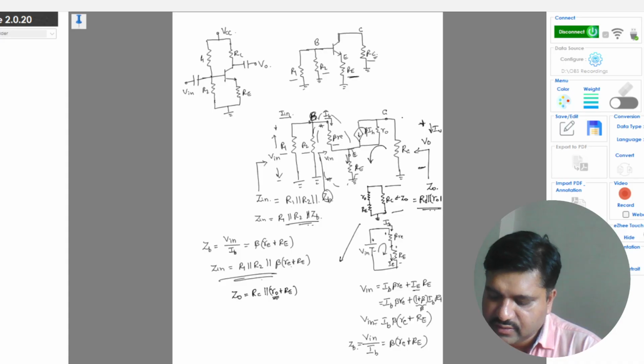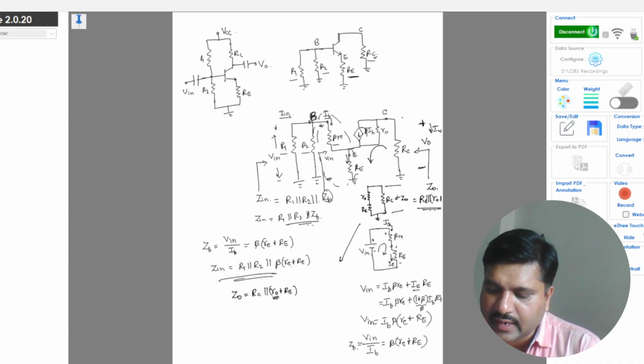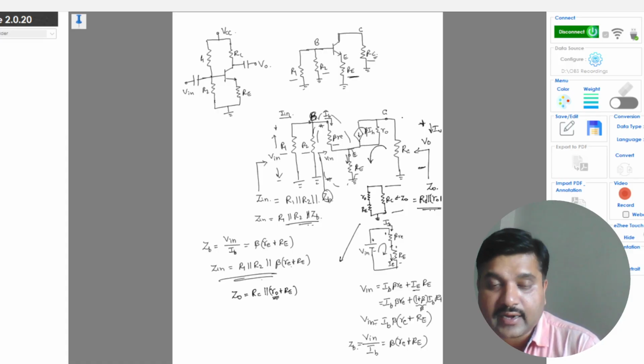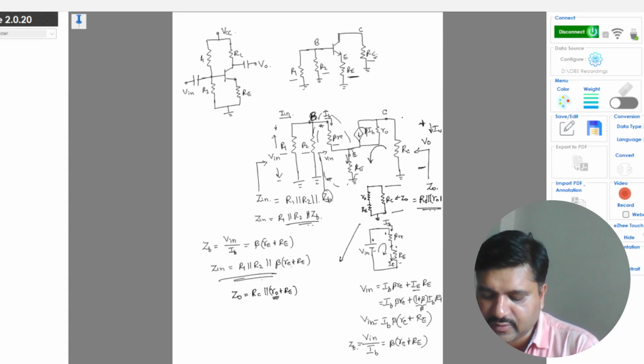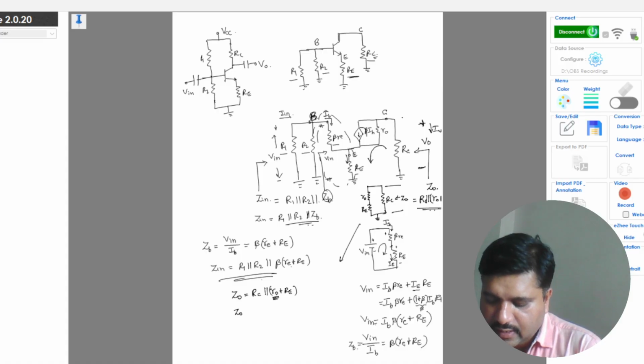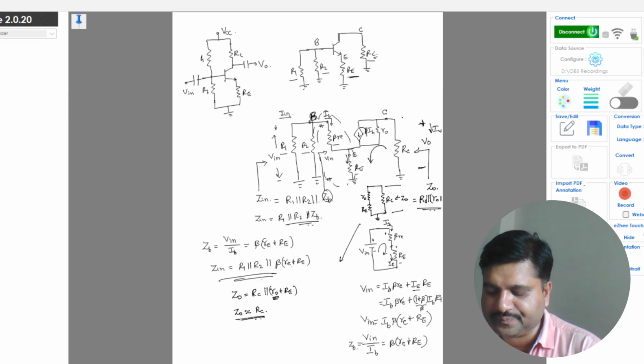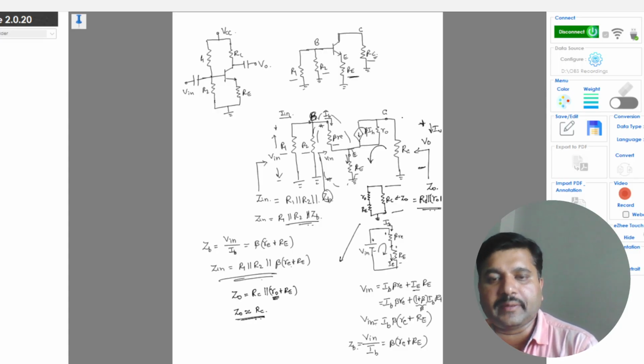Since R0 is very large, and the collector current and the emitter current are approximately the same, it doesn't matter. R0 plus RE is anyhow large, so you can approximate the output impedance to be equal to RC only. So this is my output impedance.